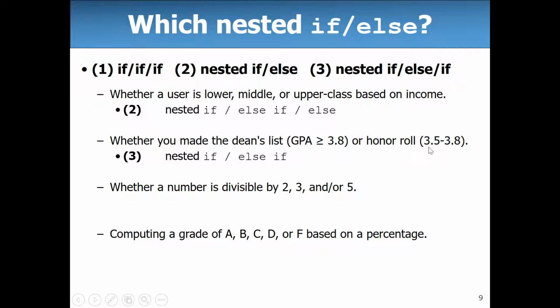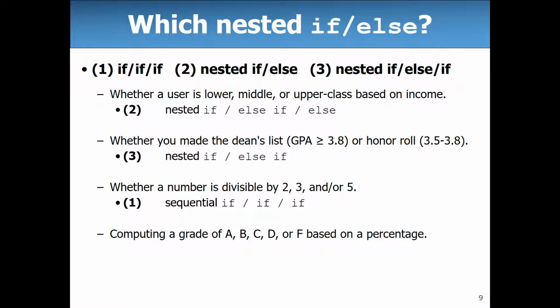Well, you can make Dean's List, or you can make Honor Roll, or you could be like me and make neither of those. So whether a number is divisible by 2, 3, and or 5, it's possible for none of those to be true. It's possible for all of those to be true. So that seems like case 1.